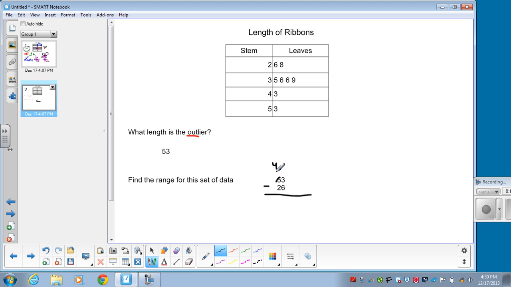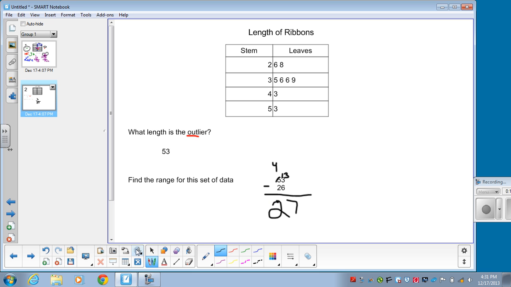And then the 3 becomes a 13. 13 minus 6: 12, 11, 10, 9, 8, 7. 4 minus 2: 4, 3, 2. The range for this set of data is 27.